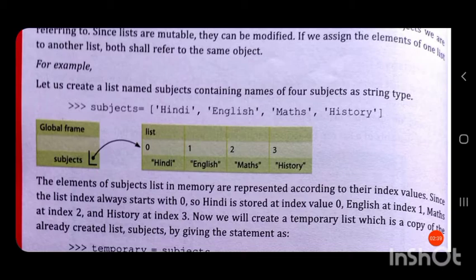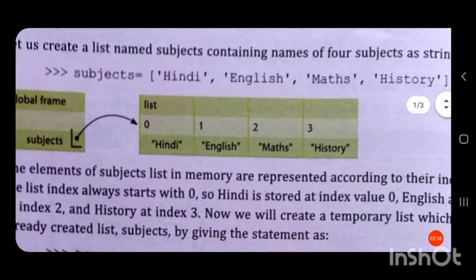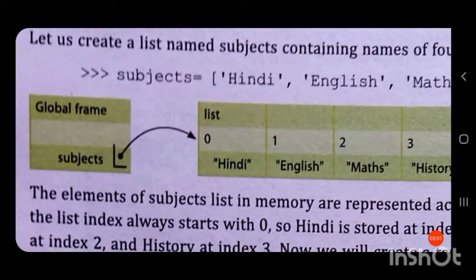Now we will create a temporary list, which is a copy of the already created list subjects. The name of our list is subjects and we are creating a copy of this list.